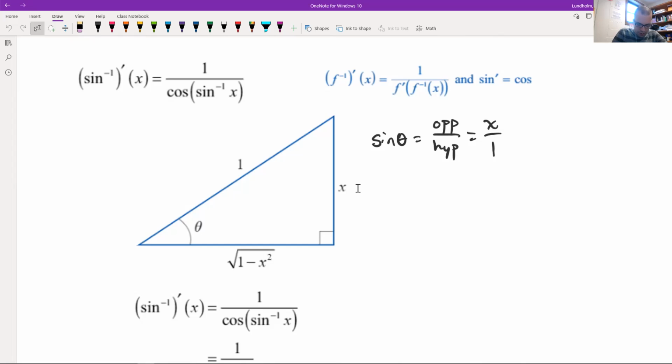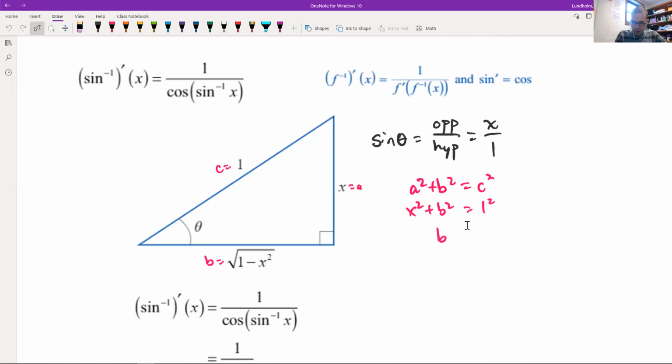Maybe we call this one B, and this one A, and this one C. A squared plus B squared equals C squared turns into x squared plus B squared equals 1 squared.